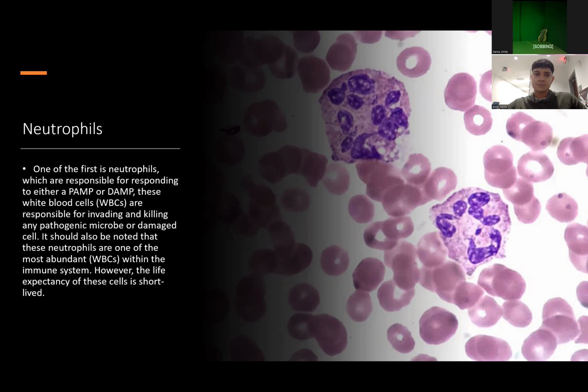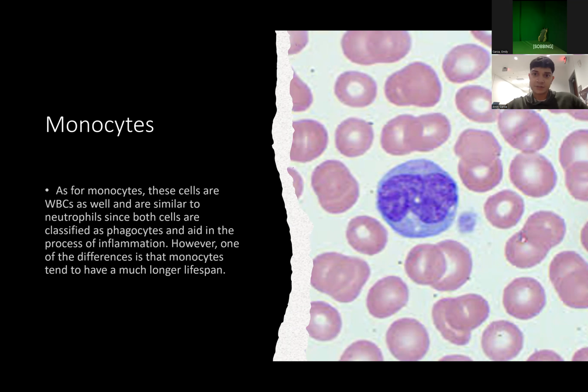As for monocytes, these are white blood cells similar to neutrophils, since both are classified as phagocytes, and they also aid in the process of inflammation.